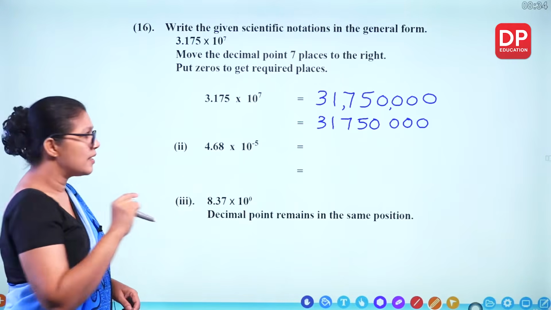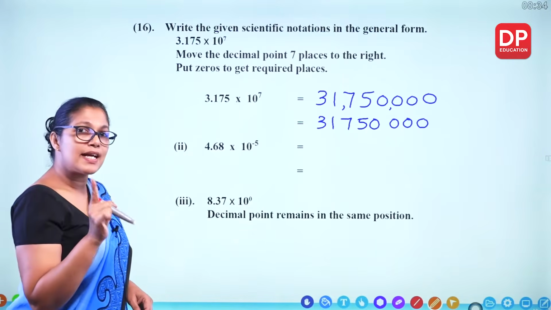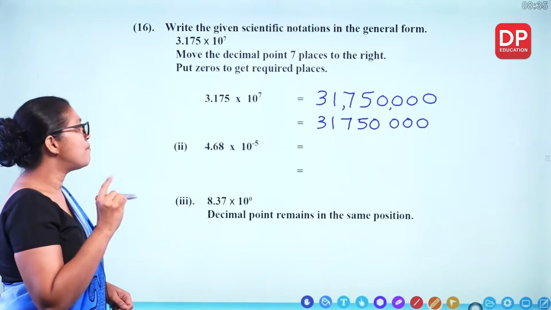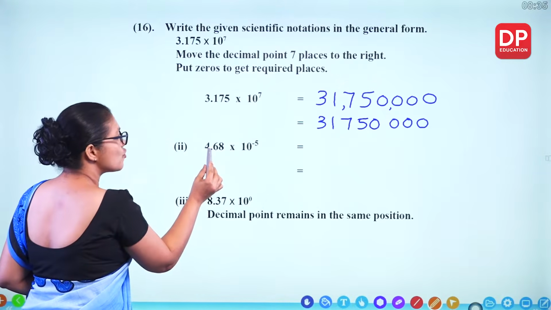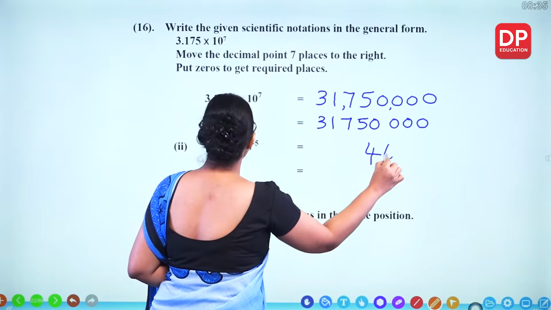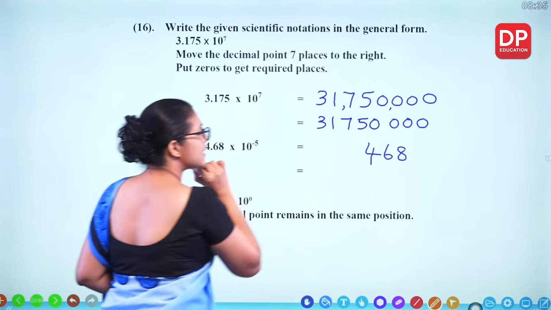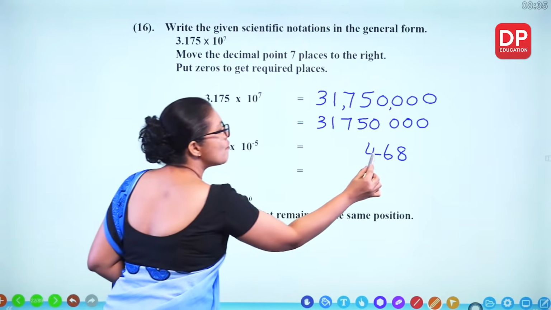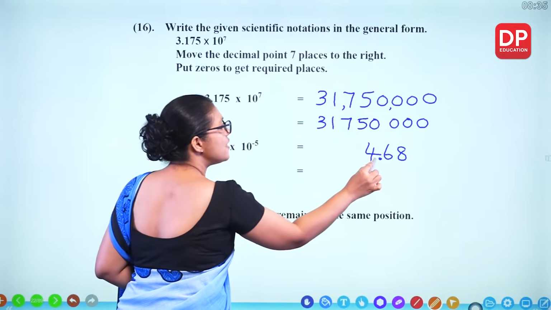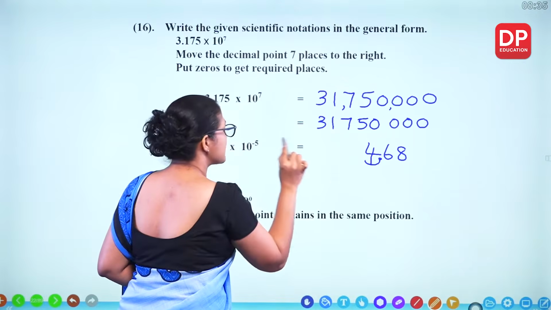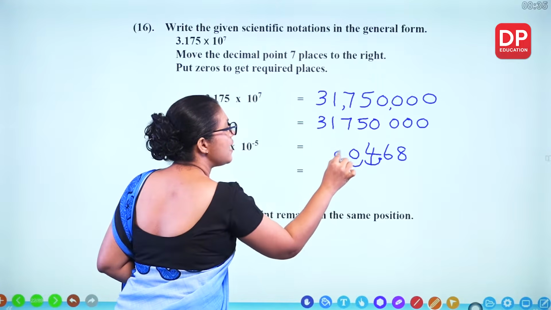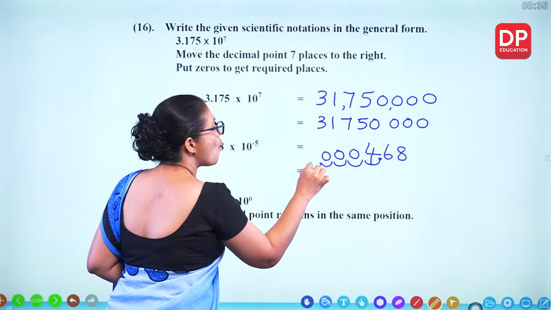Now take this one. Negative 5. Negative means you have to move the decimal point 5 places to the left. So starting from here, we'll write the number as it is first. 468. Now the decimal point is here. So you have to move this one to 5 places to the left. 1, 2, 3, 4, 5.